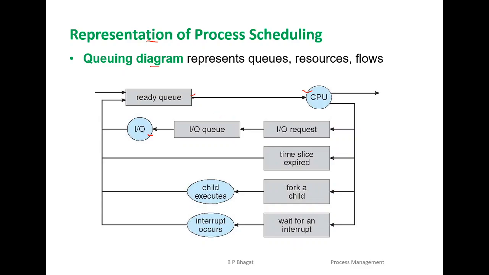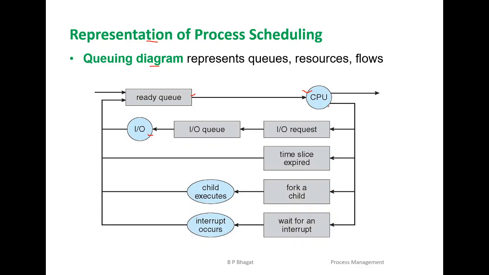Now, the processes are available in the ready queue. One after another, the processes are assigned to the CPU. But after being partly executed, one of the following events occurs and the process goes into the wait state.